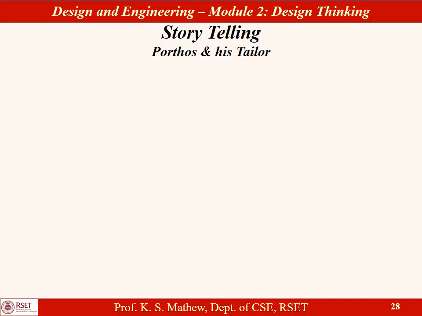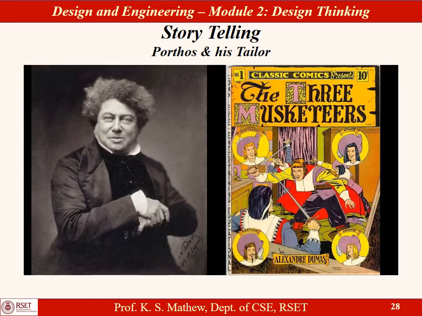So Porthos is the main character of my story, and this is a character in the story Three Musketeers by Alexandre Dumas. So Porthos is one of the three musketeers in the story Three Musketeers by Alexandre Dumas. Porthos is not the main character of Three Musketeers. It is just one character of Three Musketeers, and the main character is someone else, Artagnan.